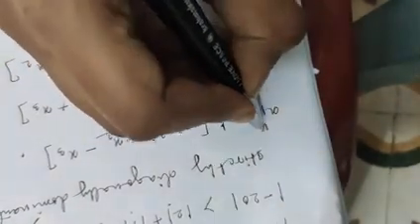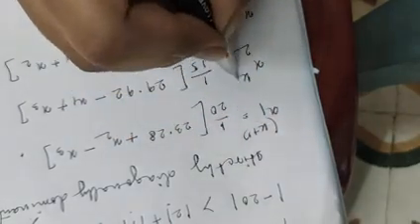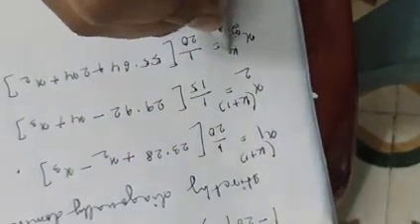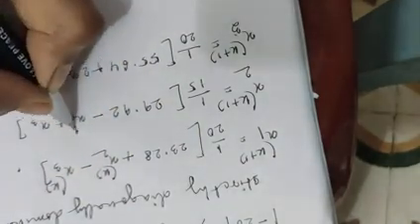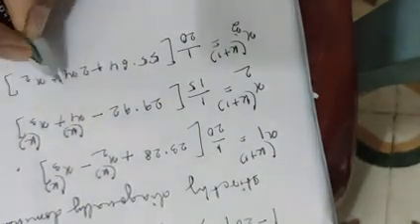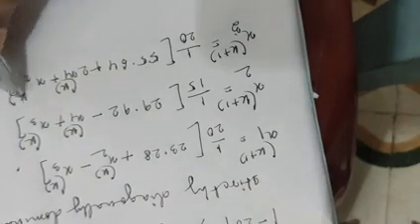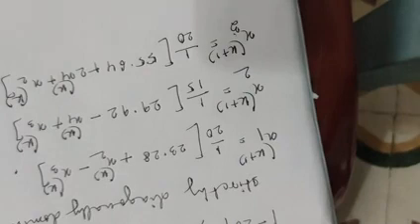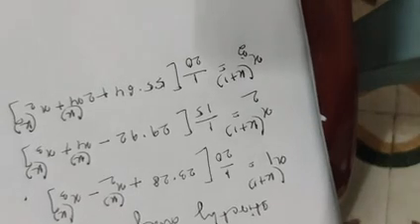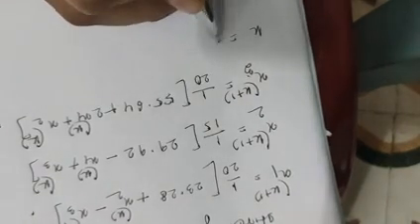Now we have to use k and k plus 1 over there. So this is the required iterative formula. Now we have to put the values for k equals 0, 1, 2 and so on until we get the desired degree of accuracy. So at first we are putting k equals 0.